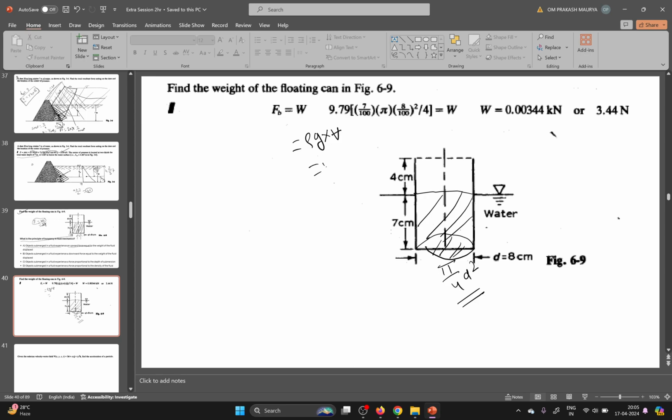So your 1000 into 9.81 into pi by 4 into d square, where d is 0.08 squared, into your 7 centimeters, so 0.07. When you calculate, you will get this expression.